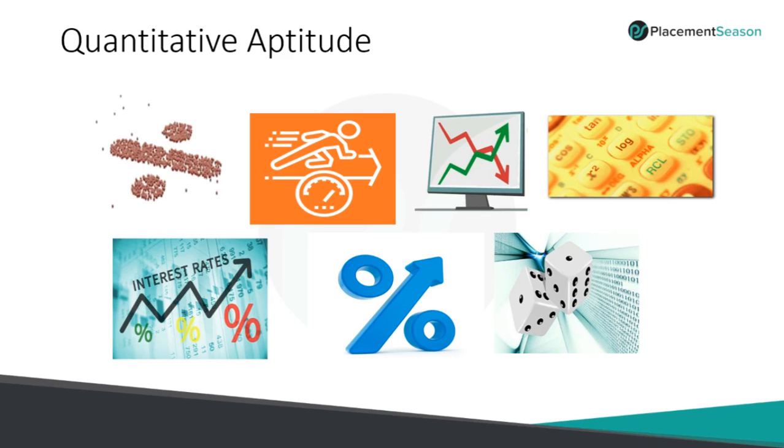Regarding quantitative aptitude, as I said earlier, you will get very little time for each and every section. So you have to concentrate and prepare your timing such that you can get the most correct answers. How do you do that? Go through the questions first. See what questions you know and what questions you don't know. Don't spend too much time on a question.